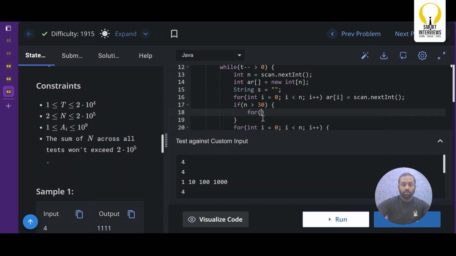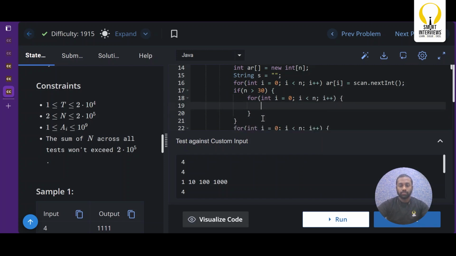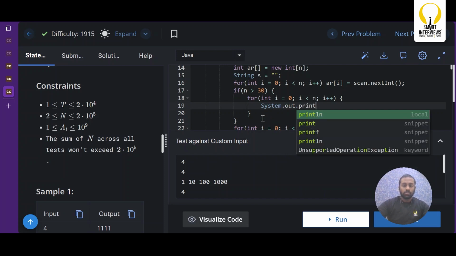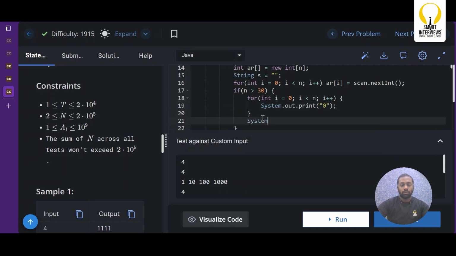So no matter what element I remove, I cannot get a smoothly increasing array. So I can simply print 0 for all those times. Okay, we are already having S, right?